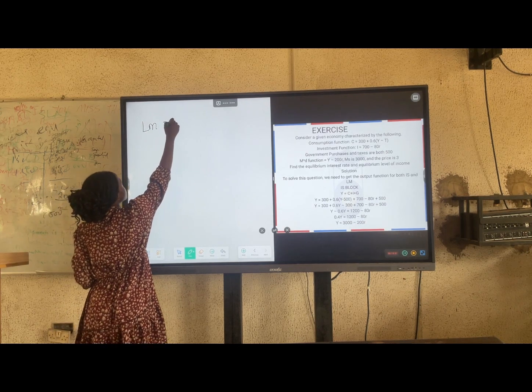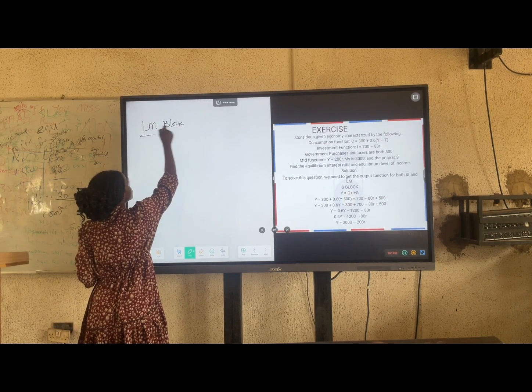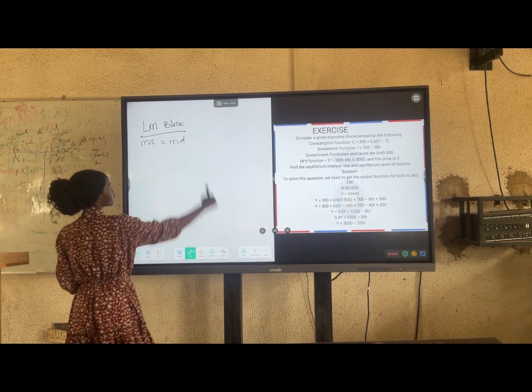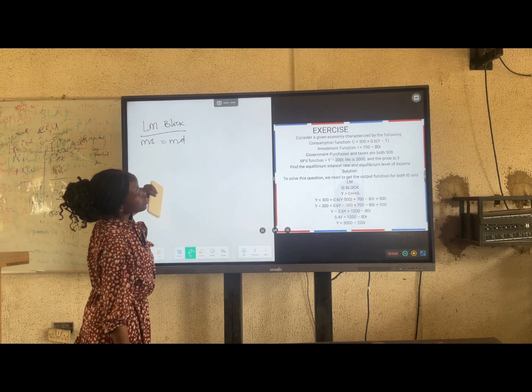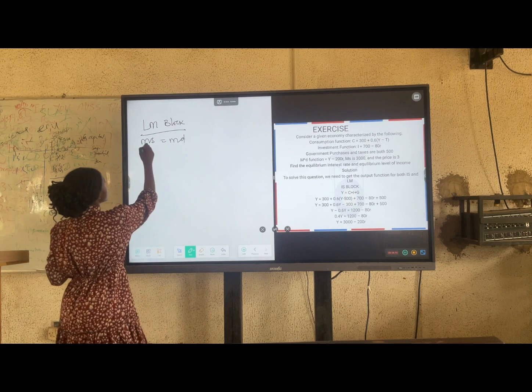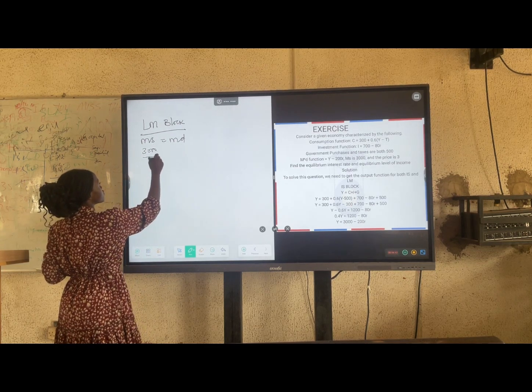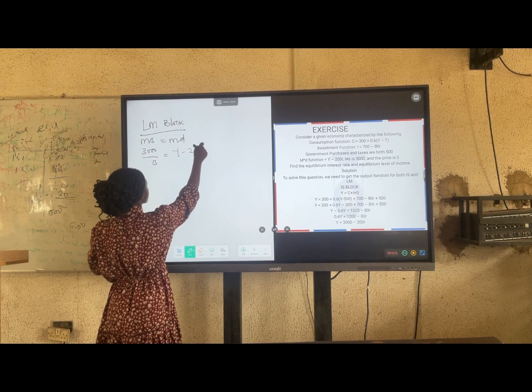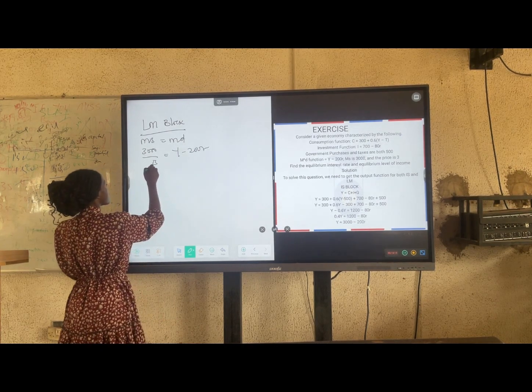For the LM block, money supply equals money demand. Our money supply is 3000, but our money demand is Y minus 200 r, and we have our price to be 3, so that's 3000 divided by 3 equals Y minus 200 r. Yes, 1000 equals Y minus 200 r.